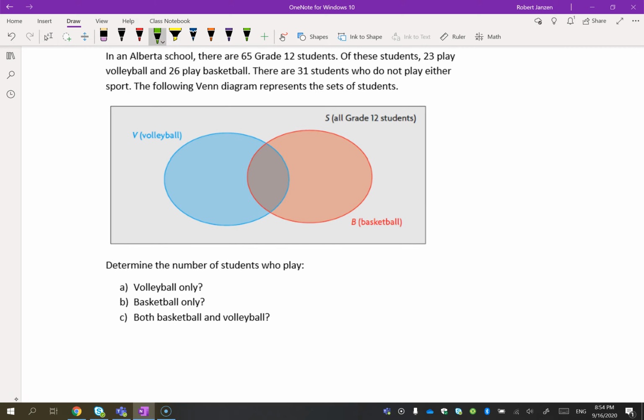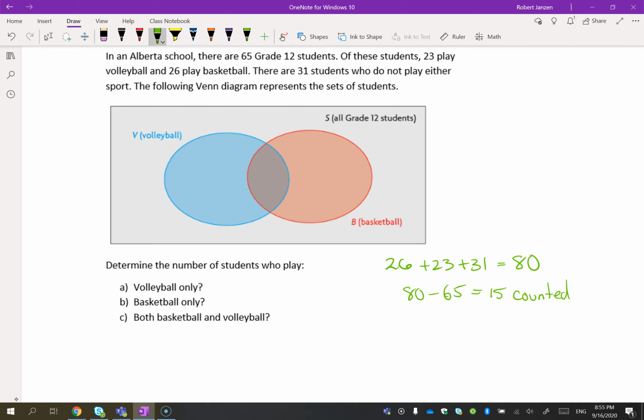The following Venn diagram represents the set of students. There's a problem here: 26 play basketball plus 23 play volleyball plus 31 that don't play anything adds up to 80, but there are only 65 students. This tells me there are 15 counted twice.